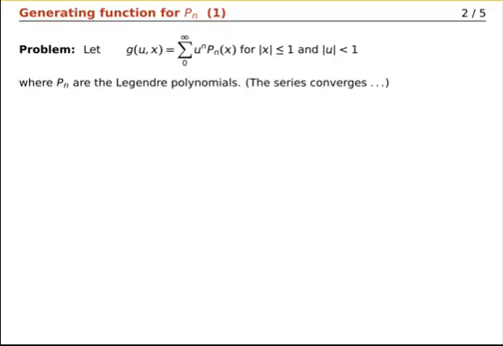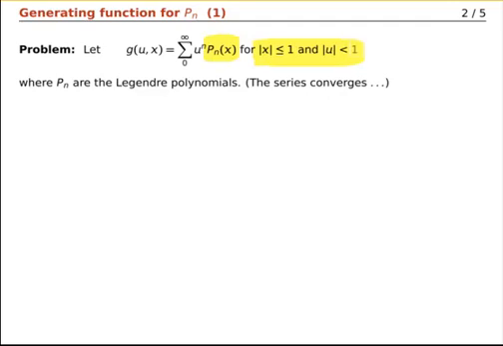Well, here's the problem that we're going to work. We define a function g of two variables, u and x, as a power series in u whose coefficients are the Legendre polynomials Pn of x. And we define the function g for x between -1 and 1 and u between -1 and 1.